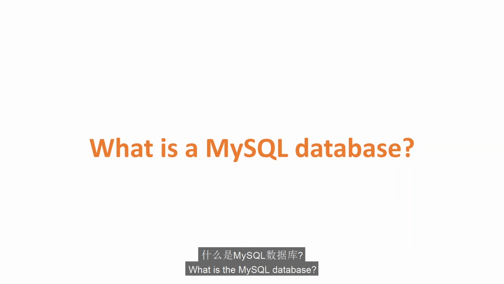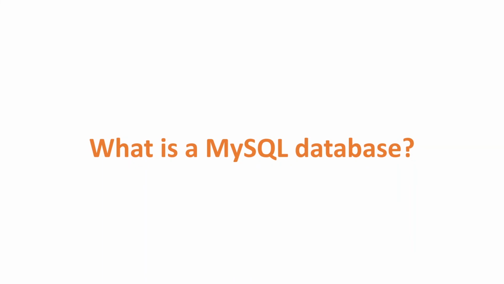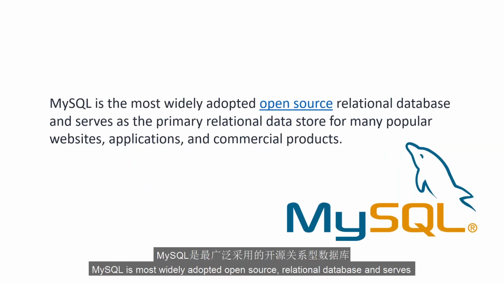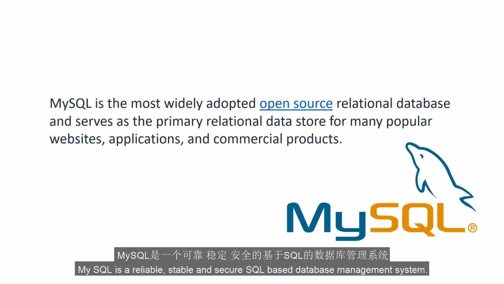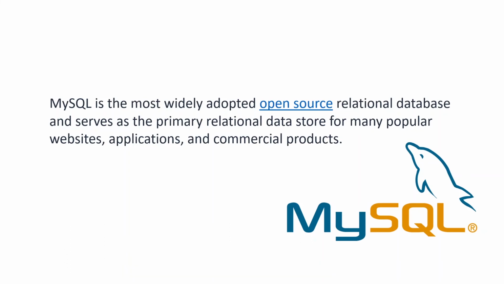What is a MySQL database? MySQL is the most widely adopted open-source relational database and serves as the primary relational data store for many popular websites, applications, and commercial products. MySQL is a reliable, stable, and secure SQL-based database management system.